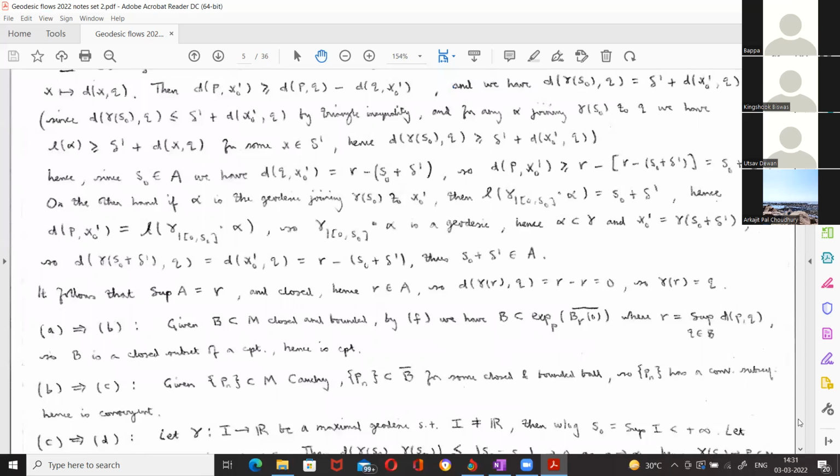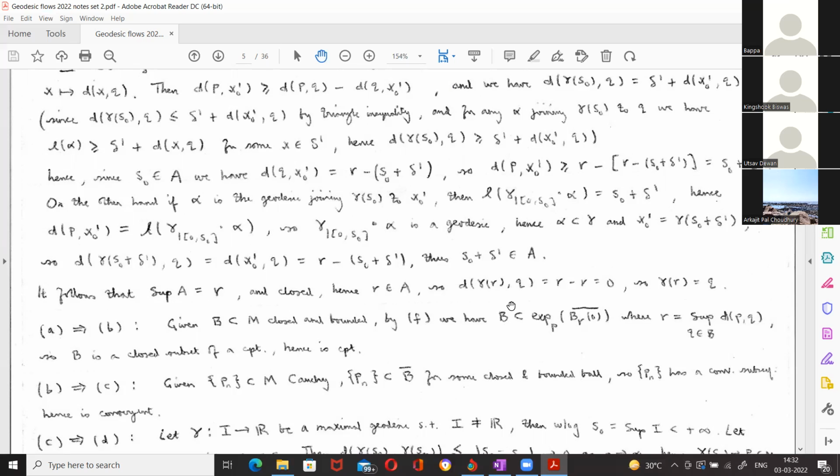So that is simple because if I take B, which is a closed and bounded subset of M, then by, this is not F, this should be E. I know that every point in B is the image under the exponential at P of a vector whose length is bounded by the distance from P to the point in B, right?